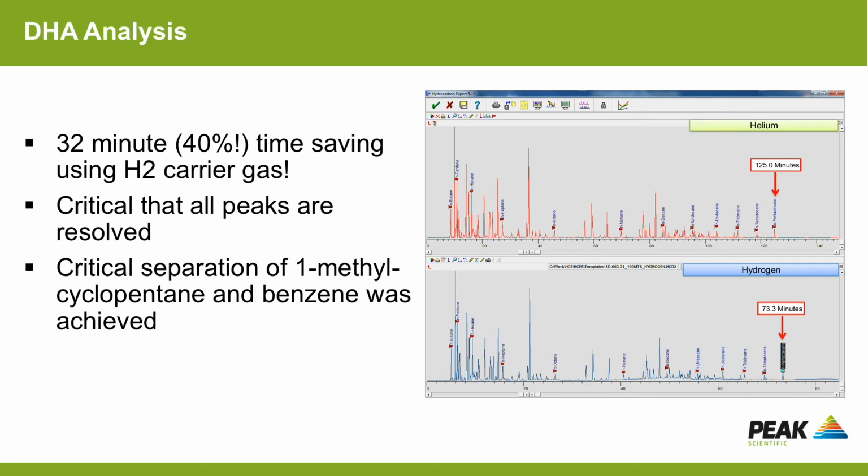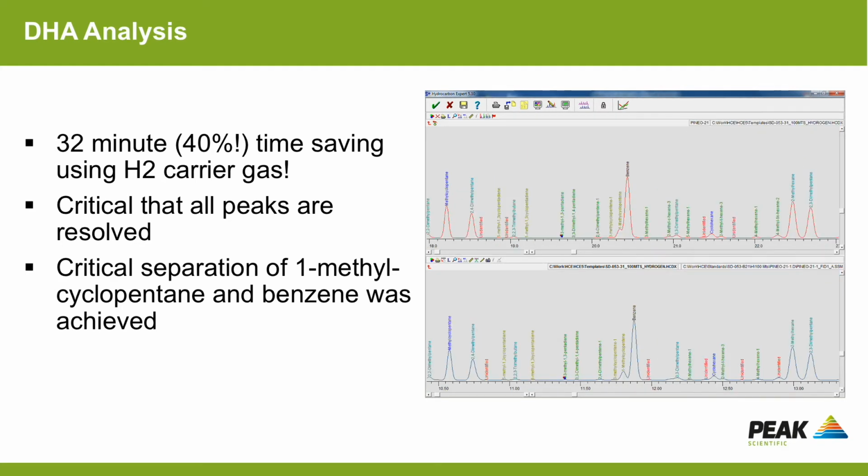If we zoom in on the chromatogram, you can see the two peaks there, and actually on the top trace, which is helium, the separation of these two products is not as good as we get with hydrogen carrier gas, despite the fact that the hydrogen carrier gas is flowing through the column at a much faster rate. So we're getting improved chromatography and saving time, which is exactly what we would want.